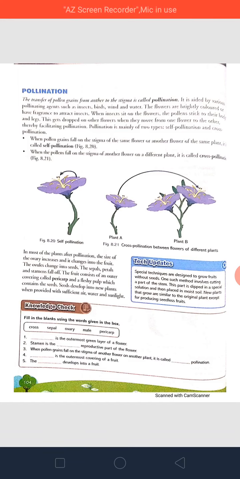Pollen in the anther are the male gametes of the flowering plants. And can you tell me the female gamete? Female gametes are the ovules which are present in the ovary, and male gametes are the pollen which are present in the anther.